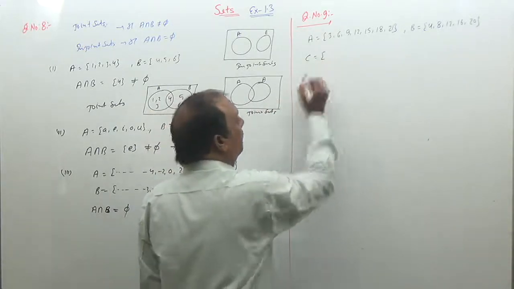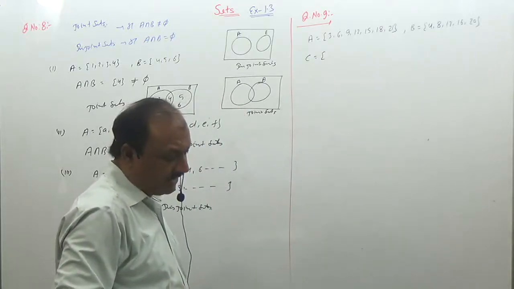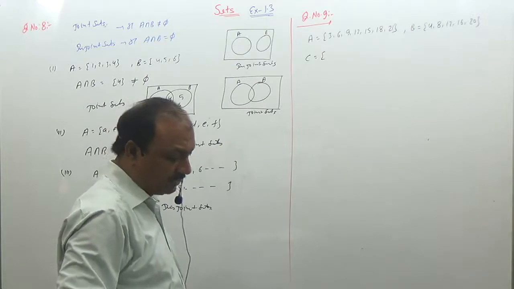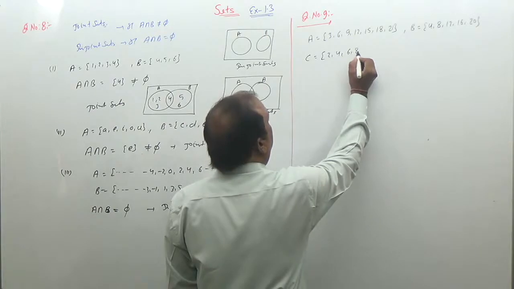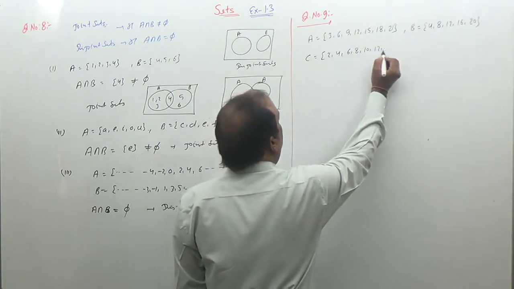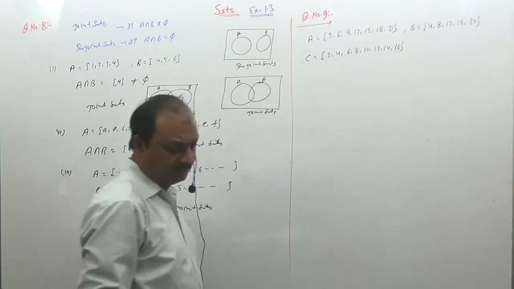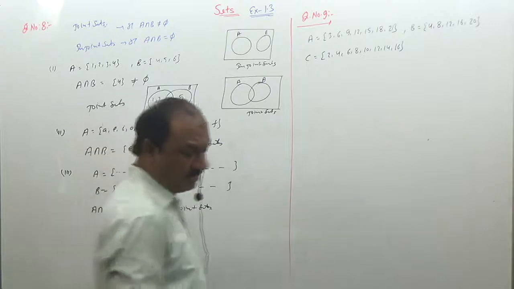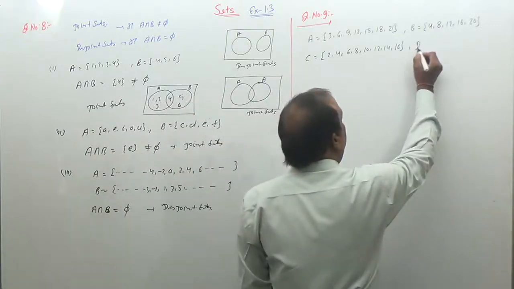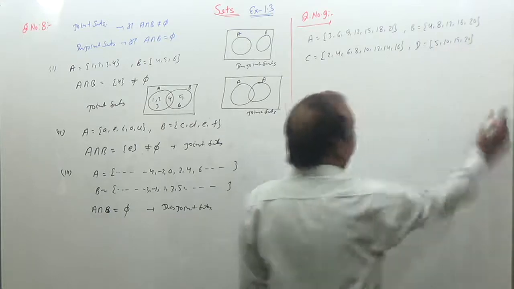There is another set C which contains 2, 4, 6, 8, 10, 12, 14, 16. And the fourth set is D: 5, 10, 15 and 20.